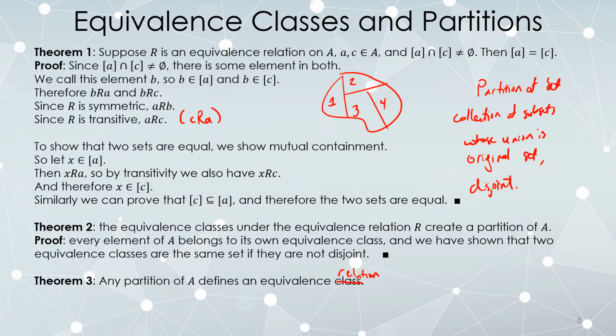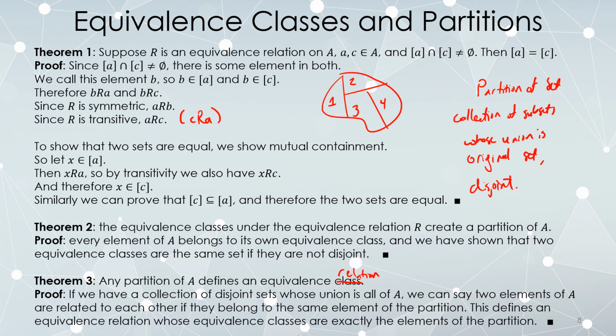I have now defined an equivalence relation. So if you have a collection of disjoint sets whose union is the entire thing, you can make a relation by saying two elements of the original set are related if they're in the same piece of the partition. So if I have two elements that are both in piece 1, I say they're related. If I have two elements both in piece 3, I say they're related. But if I have an element from piece 1 and an element from piece 2, they're not related.